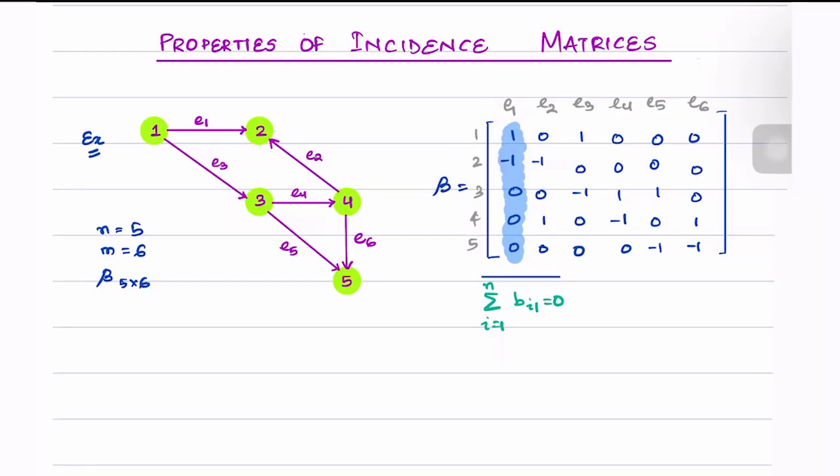Not only are they non-zero, one of the entries is always equal to 1 and the other entry is always equal to -1. Because of this property, the sum of entries of every column in every incidence matrix will always add up to 0. So this brings us to the first property.